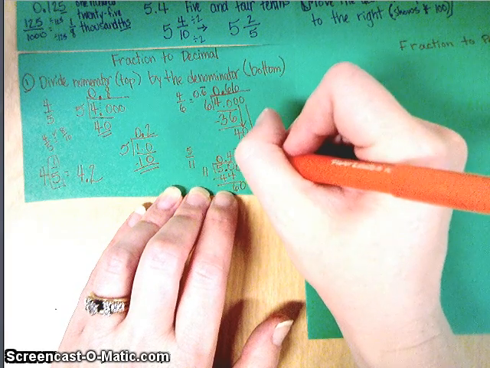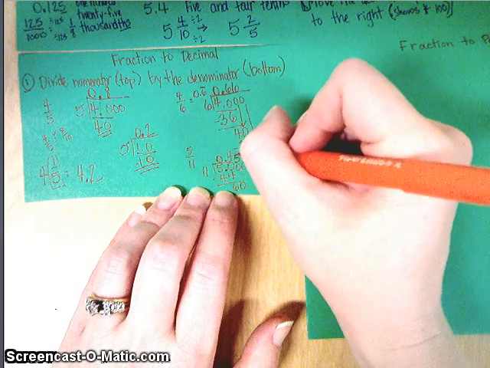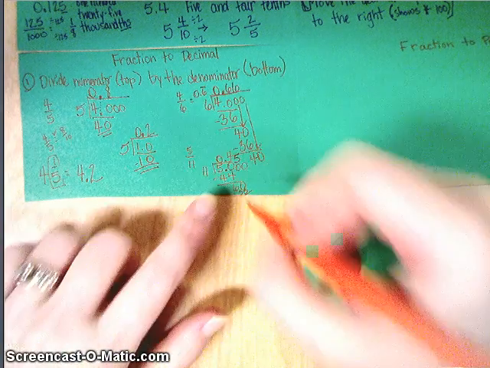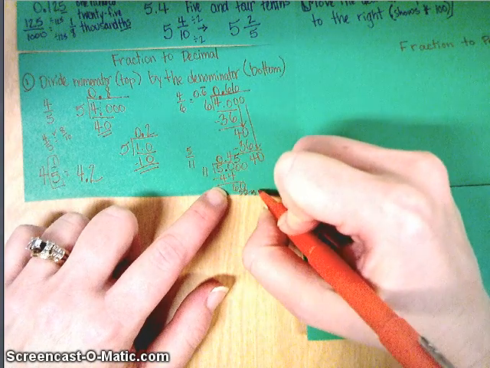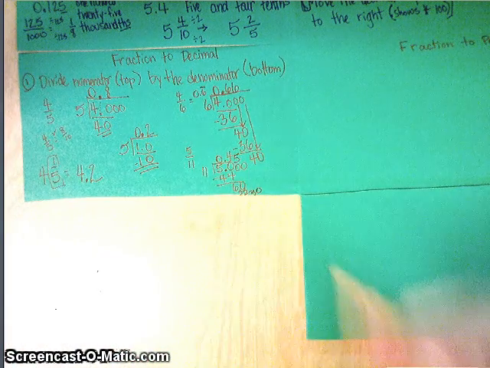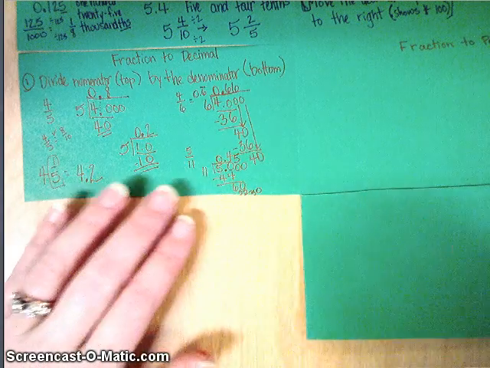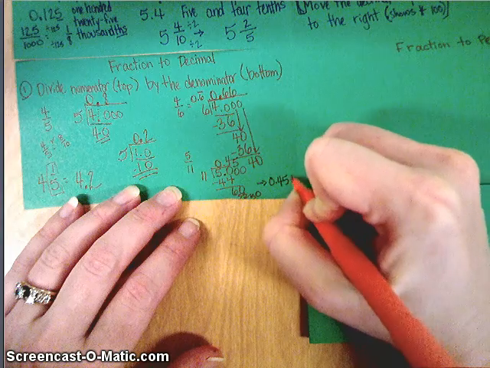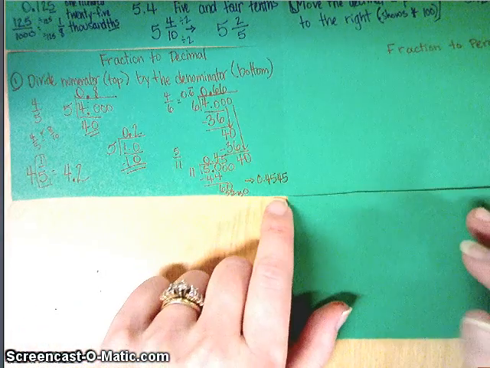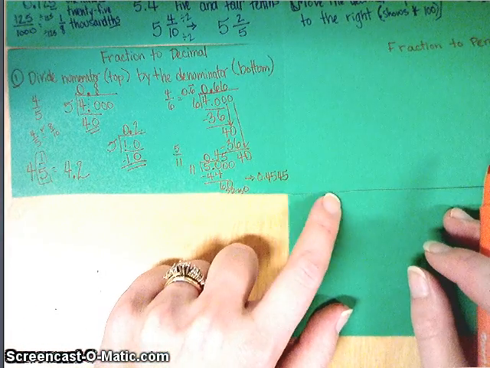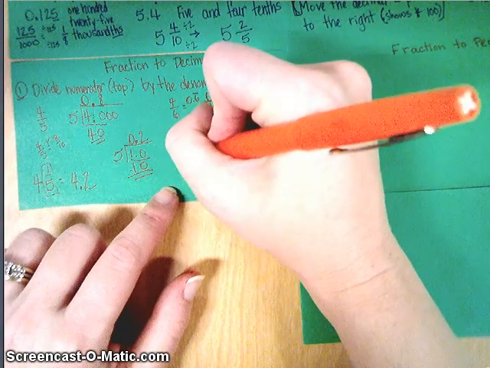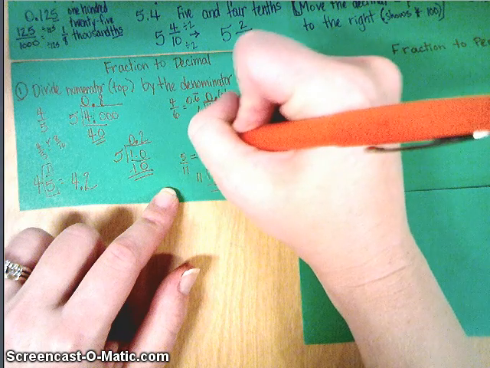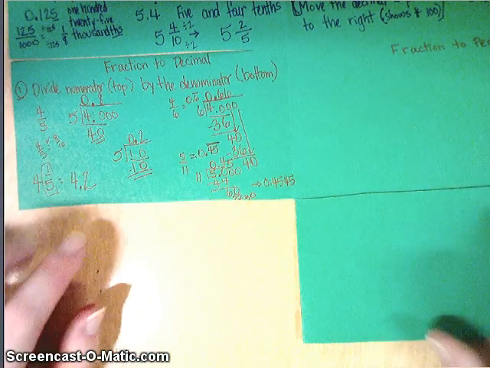Bring down a 0. 11 into 60 will go 5 times. And 5 times 11 is 55. 60 minus 55 is 5. Bring down another 0. If you continue on with this, this will show you a repeating 45, 45, 45. So as a decimal, the way we would write that is put a bar over the 4 and the 5. Put a bar over the numbers that repeat for bar notation.